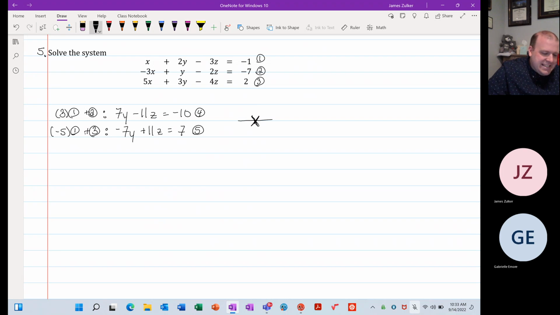So the system is inconsistent. So there is no solution. So we say that the solution set is the empty set. It's empty.